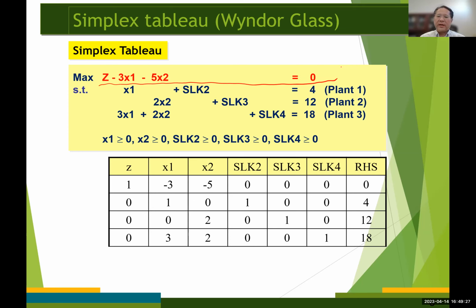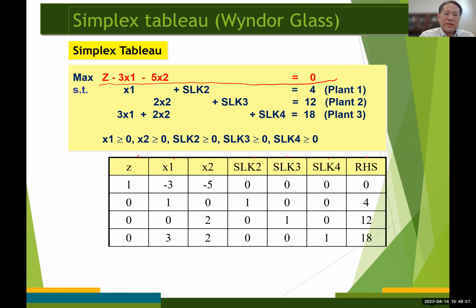And then the initial table for the simplex algorithm could be constructed based on this standard LP. Okay. So here, what I did is for each column, the G column, X1, X2 variable columns, slack 2, slack 3, slack 4 columns, and the right-hand side value, I just extracted the coefficient values here.